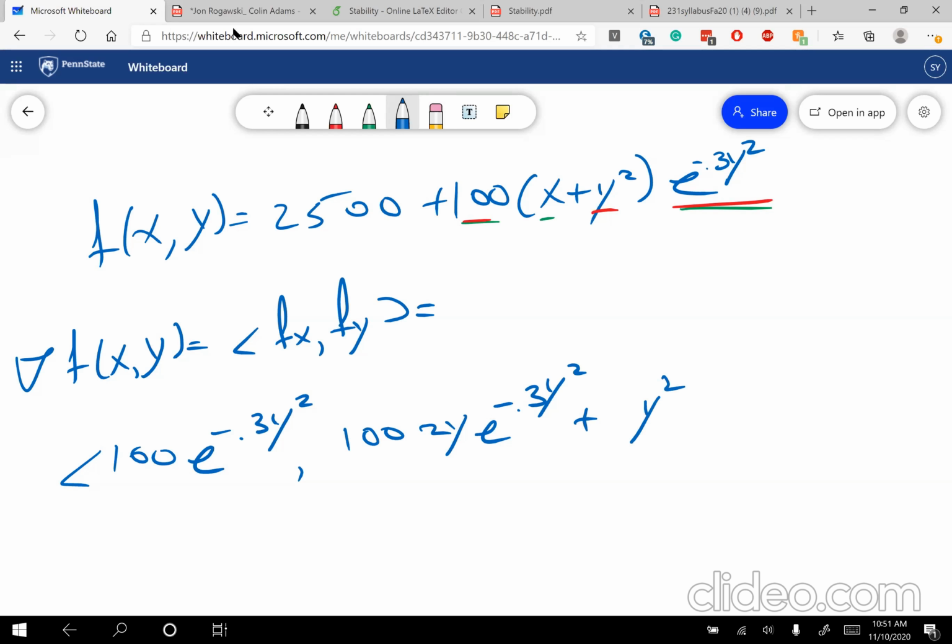Oh, and we also have the x. Okay, so let's add that. Plus 100 e to the negative 0.3y squared.